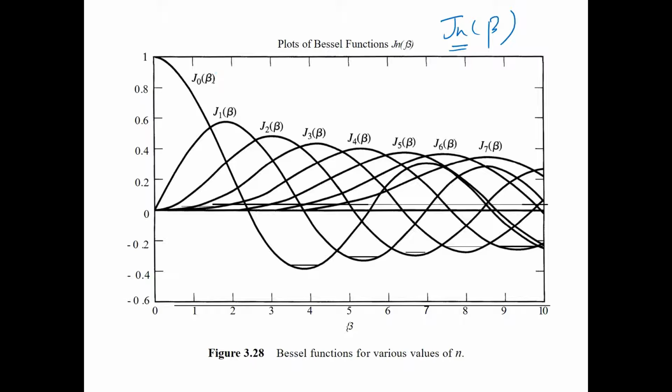So when n is 0, this is the graph. When n is 1, this is the graph, and this axis is beta. As the modulation index is changing, for the different values of n, you will get the different Bessel function components.